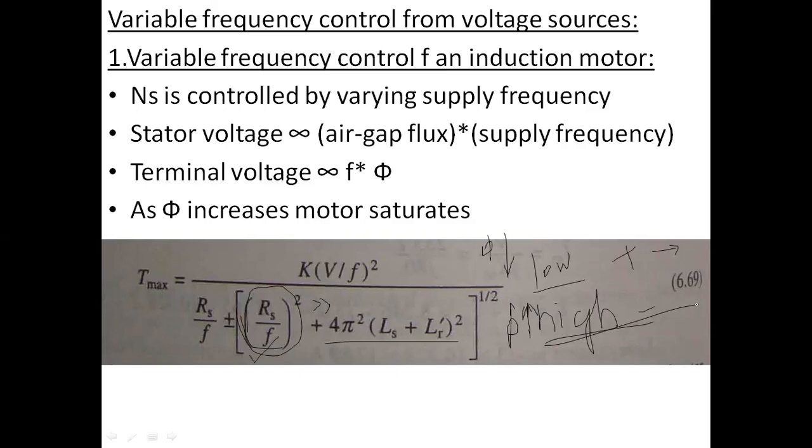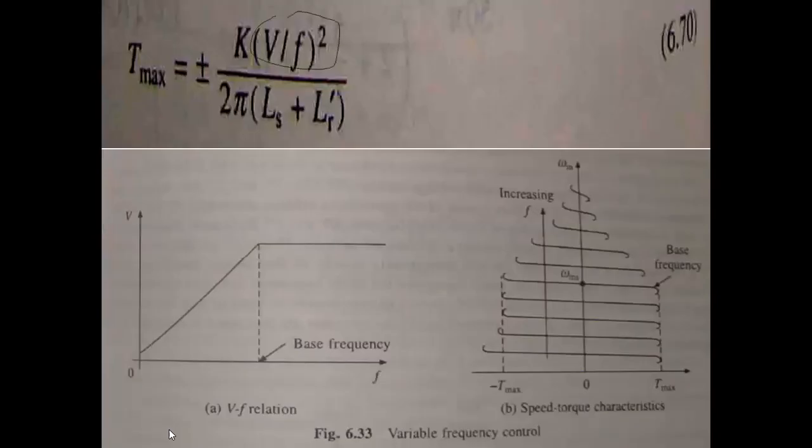Therefore above base speed, the frequency is changed while maintaining V constant. We are not allowing V to saturate, we keep V constant and change the frequency above the base speed. So according to equation 6.70, V is maintained constant here.